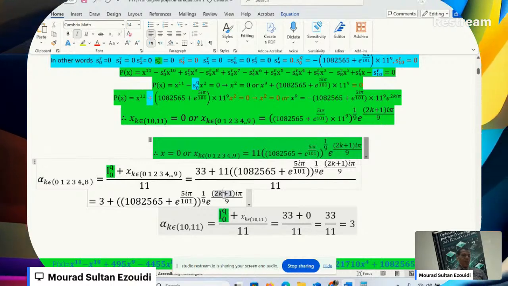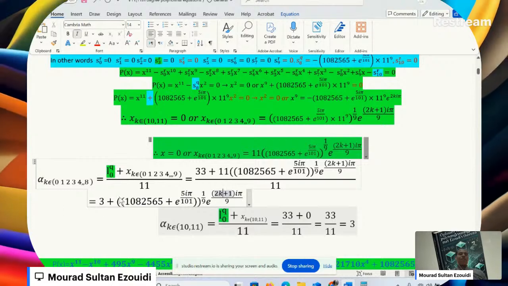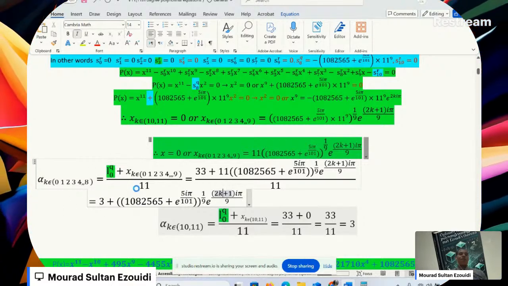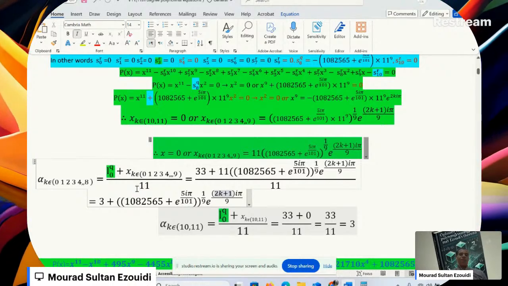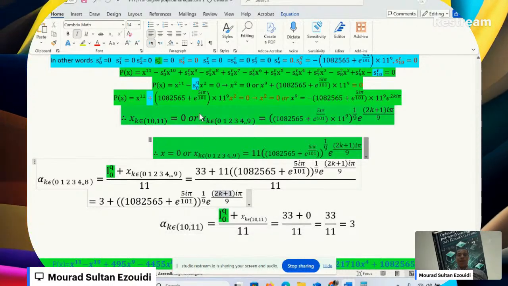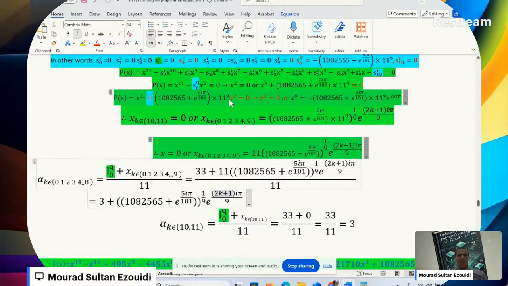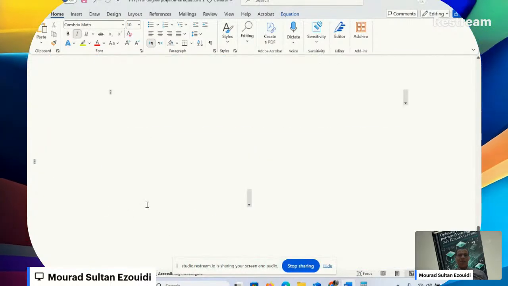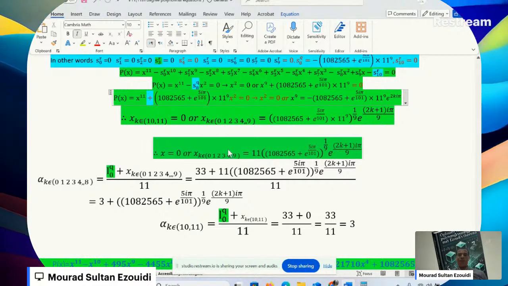Okay, so we continue. We said that these are called the roots of the original 11-degree equation. And you remember when we said that x squared equals 0 means x10 equals 0 or x11 equals 0.